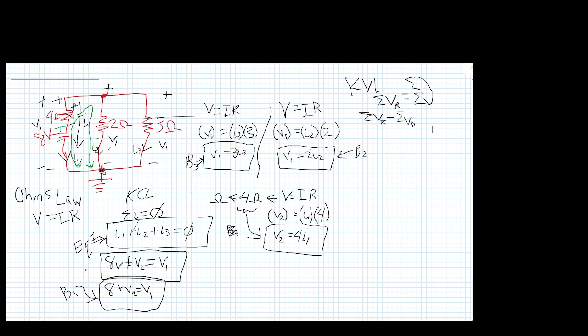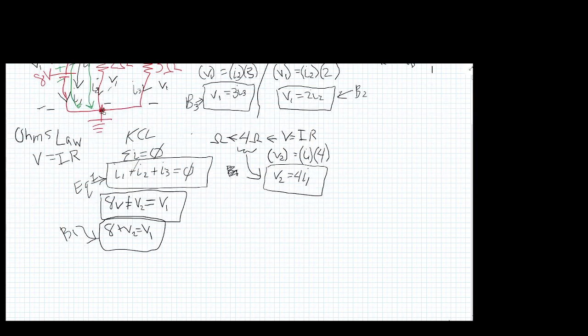Okay, so now what I need is, gonna scroll this window down a little to get some room. This is now algebra. So let's go to this equation 1, which is I sub 1 plus I sub 2 plus I sub 3 equals 0.